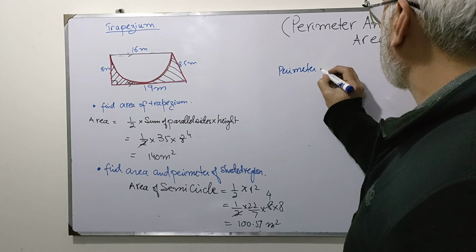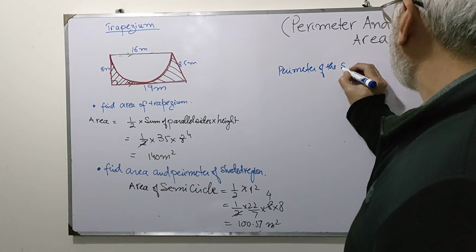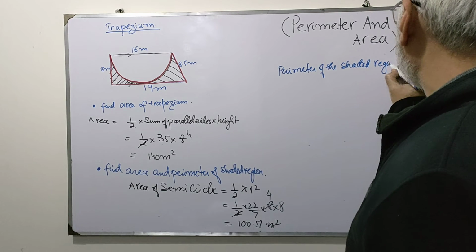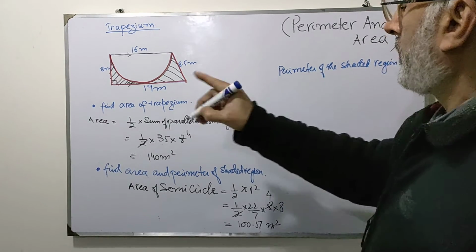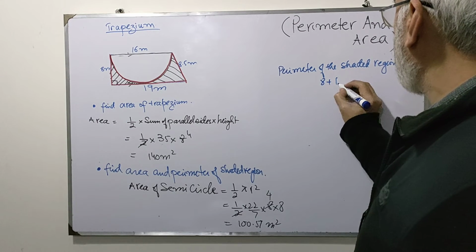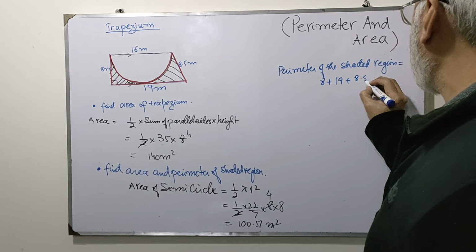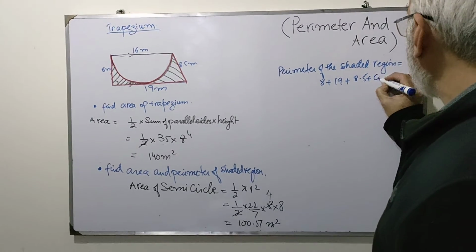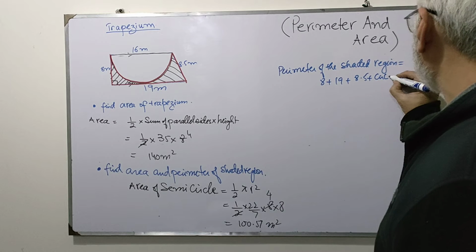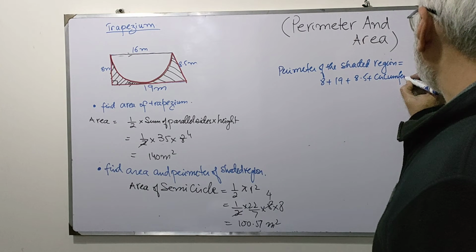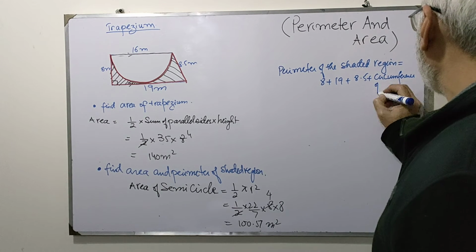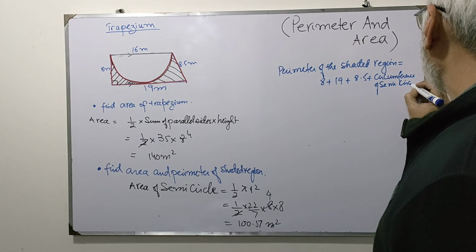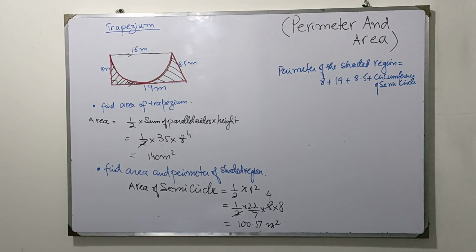Perimeter of the shaded region equals 8 plus 19 plus 8.5 plus circumference of semicircle. So we have to calculate the circumference.